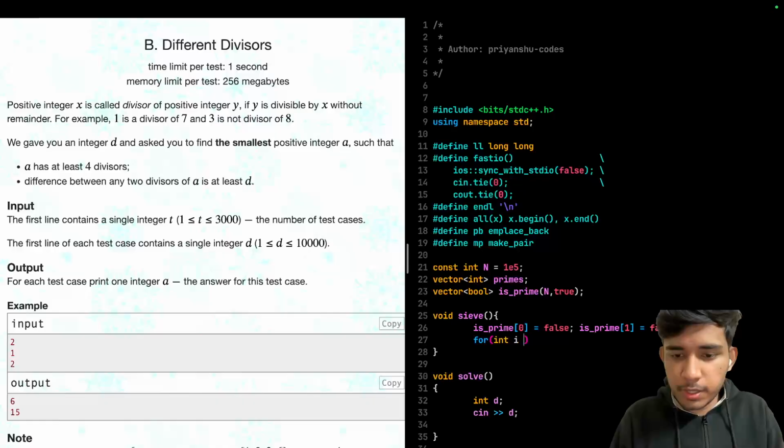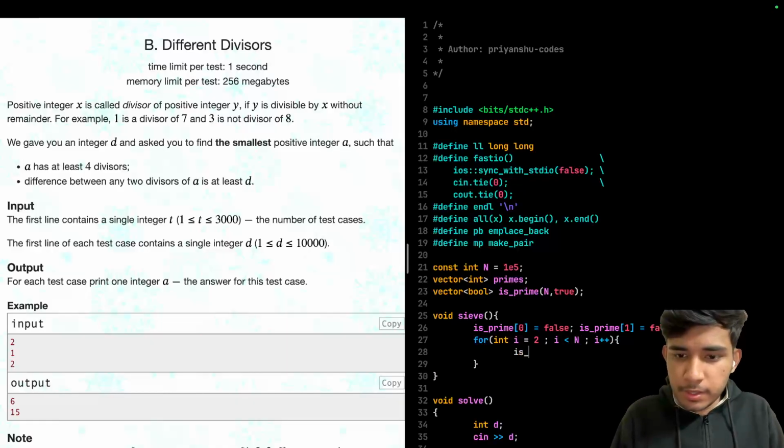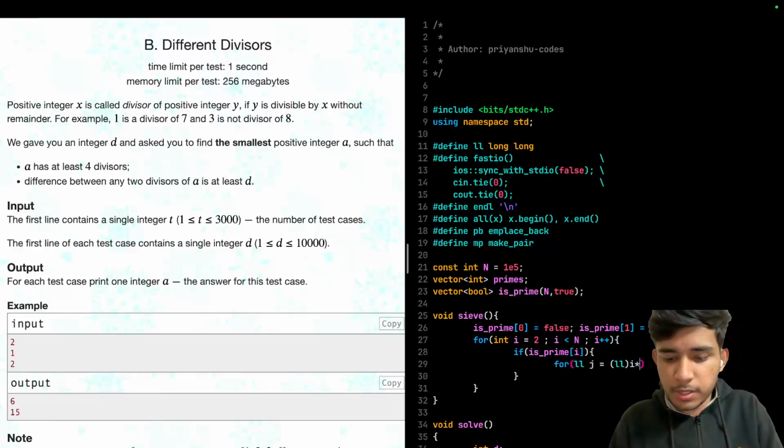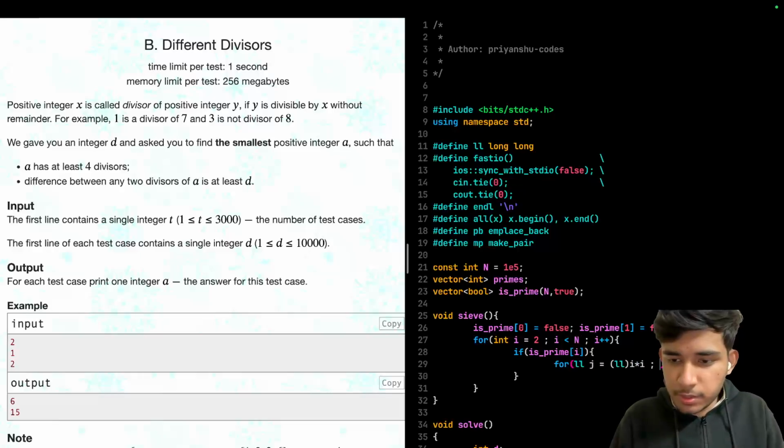Now we'll iterate from i equals 2, and if is_prime of i, we iterate j, using long, from i times i while j is less than or equal to n, marking is_prime of j as false.